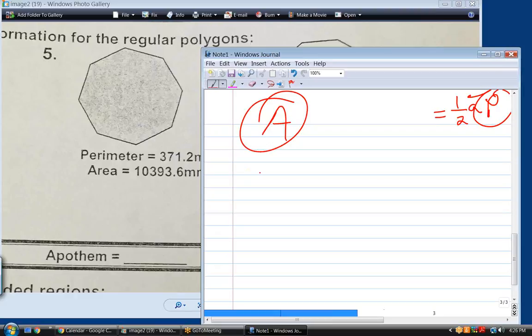Try and find the apothem. Let's just follow the formula. I'd like to see you get into a habit of just following the formula. Yes, we're trying to solve for the apothem, but we're going to do it by following this formula. You need to come up with an equation that you can solve. That is the secret to geometry.